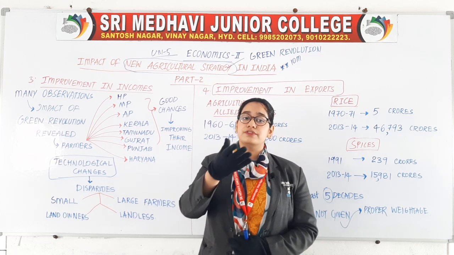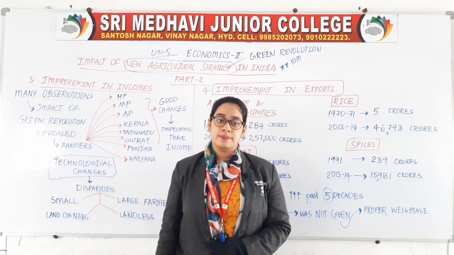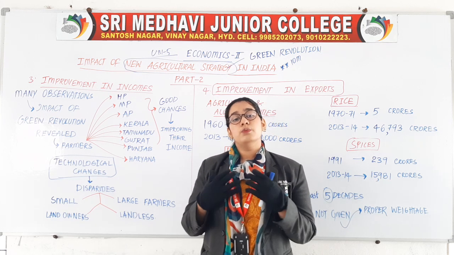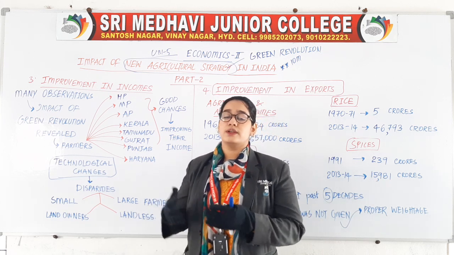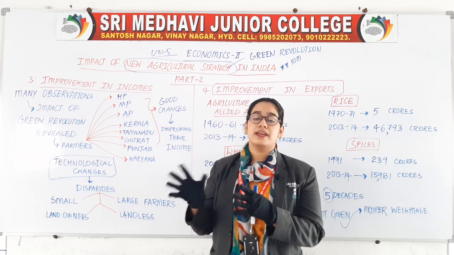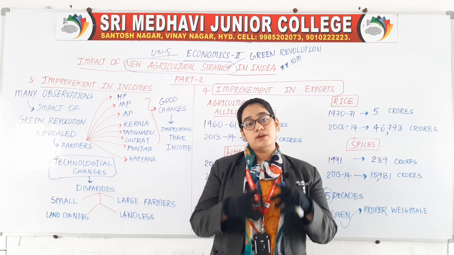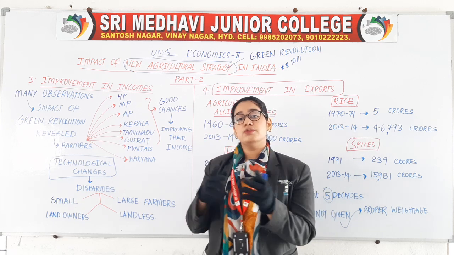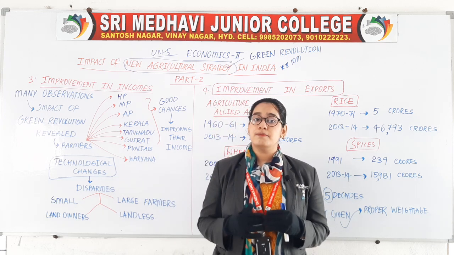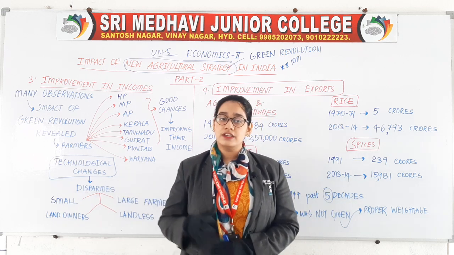By the use of technology, it may displace the laborers. When one machine is doing the work of 20 laborers, then obviously I won't keep 20 laborers in my field, as I don't want to pay them salaries. Instead of that, I will buy one machine which can do the work of 20 laborers. Alright, this is the negative impact, that many of the people were unemployed because of Green Revolution.